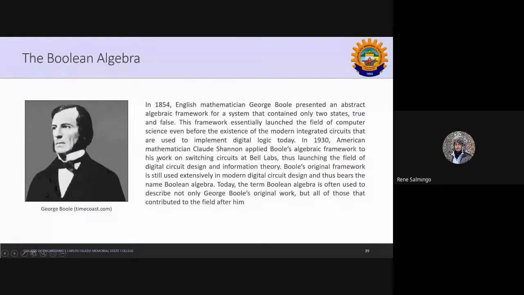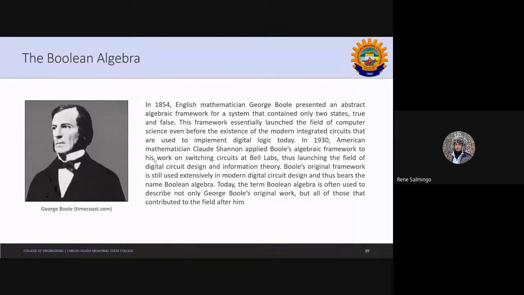Okay, so Boolean algebra was developed as an abstract framework by the mathematician George Boole. So this framework essentially launched the field of computer science. It was in 1854, and nowadays the implementation of digital logic is based on his work.